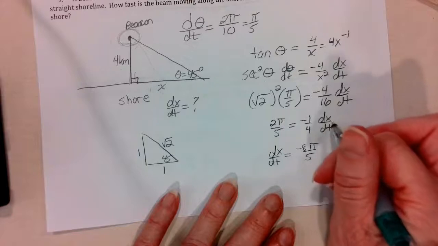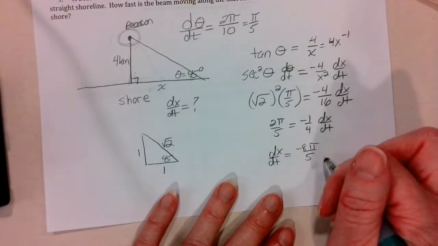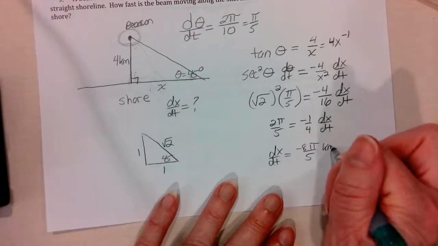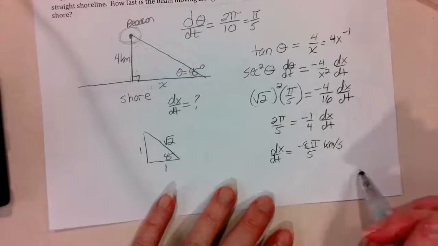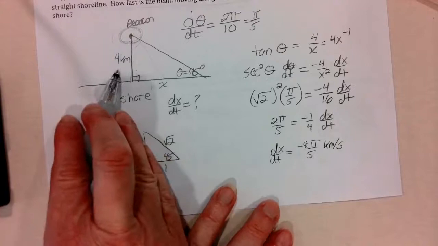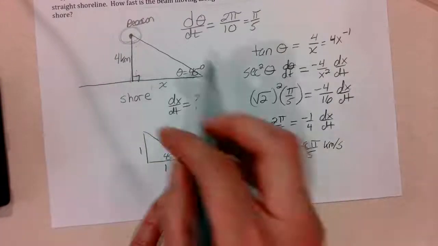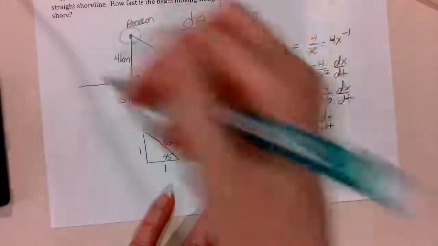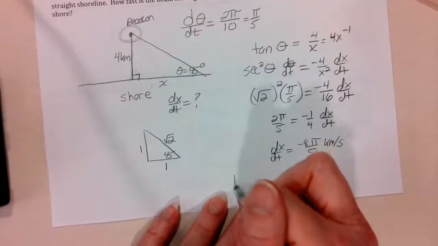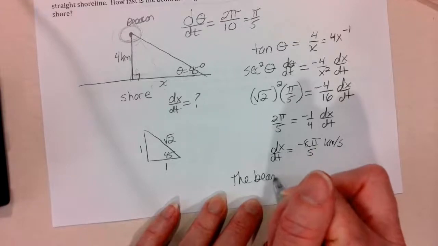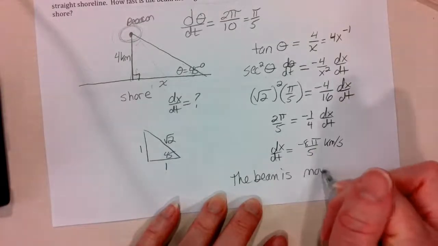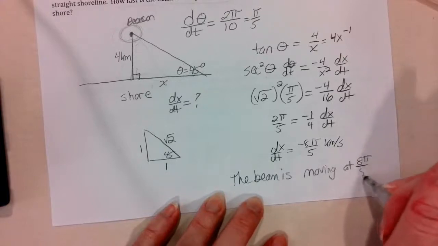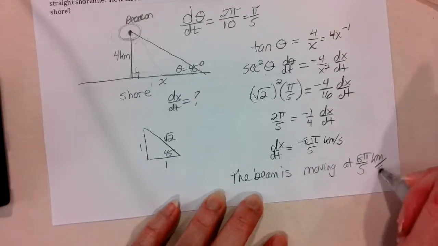It's talking about a length along the shoreline, so I'm going to say it is kilometers per second, referring to the fact that we're using kilometers here. And then depending on the orientation, we don't know if the beam is going this way or this way. So I would personally say the beam is moving at 8 pi over 5 kilometers per second.